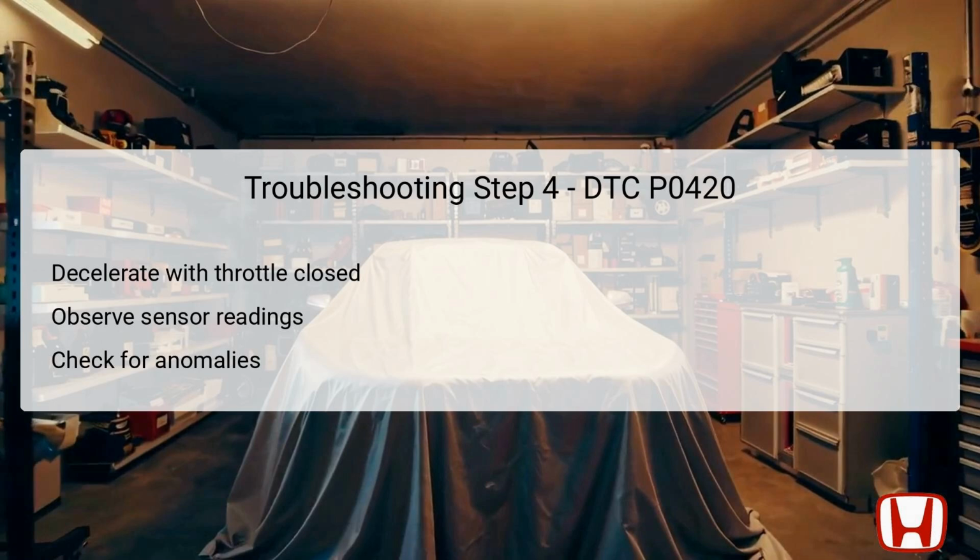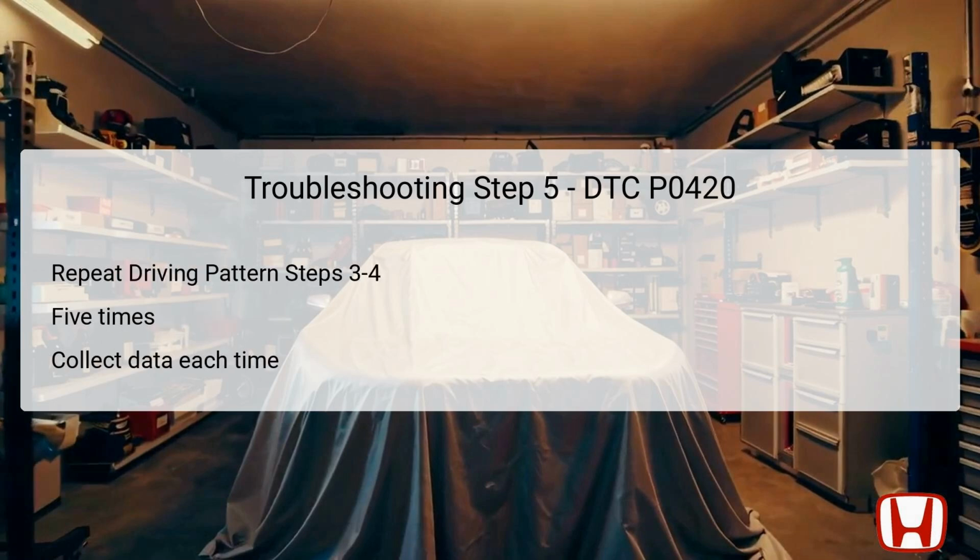Observing secondary HO2S readings at this moment is crucial. Any unexpected deviations could indicate a problem with catalyst functionality. Because this condition simulates a critical operational scenario for the exhaust system, it provides vital information regarding the status of the catalytic converter and overall performance under various driving conditions.